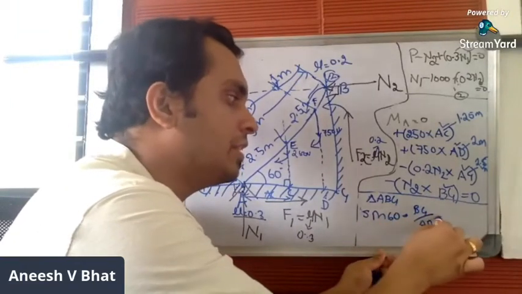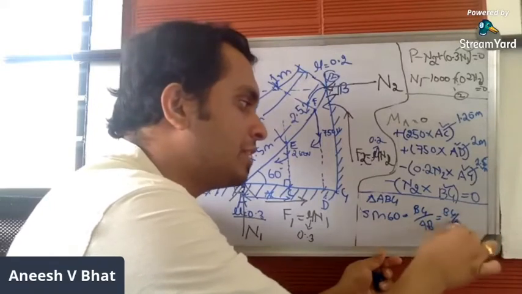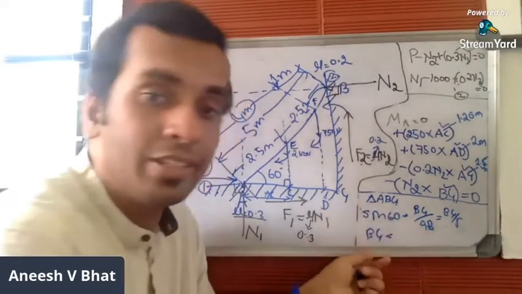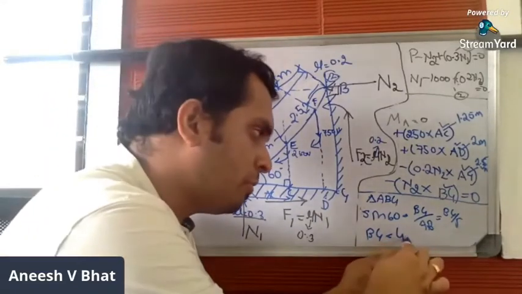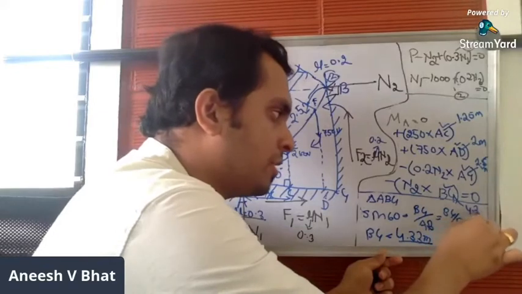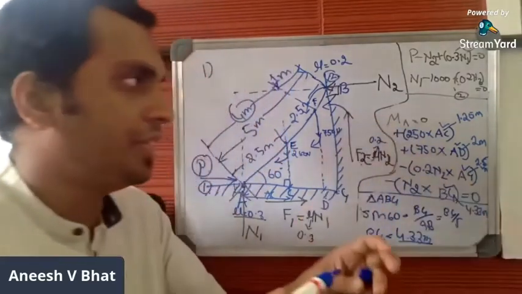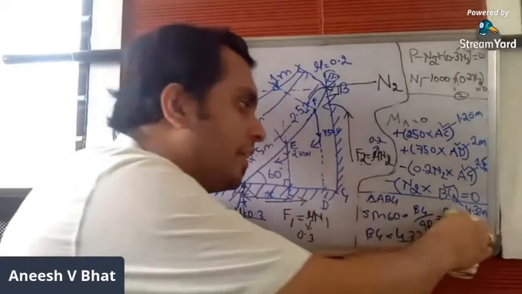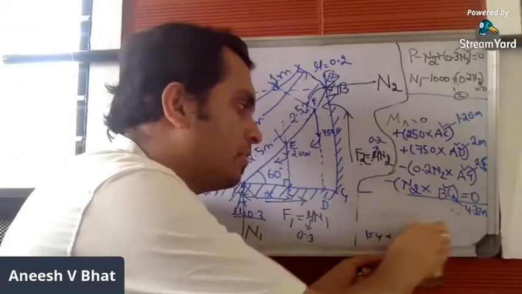AB is 5. So BG will be 5 sine 60, which is 4.33 meters. So this is how you find the perpendicular distances.